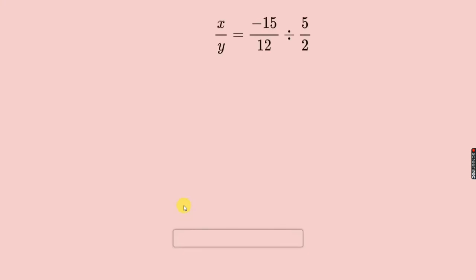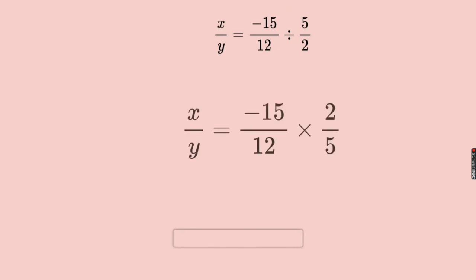So x upon y is equal to minus 15 upon 12 divided by 5 upon 2. We know that when we transpose any number which is multiplied with the variable to the other side, then it goes in division.